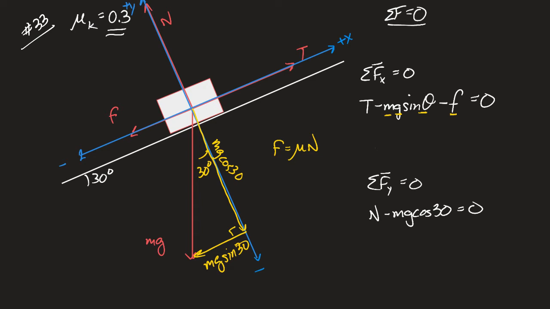To know the normal force, I need to say, all right, normal equals mg, 10 times 10 times the cosine of 30. Seems to me I can figure out the normal force. 10 times 10 is 100 times the cosine of 30. It's got to be 86.6 newtons. That's the normal force.